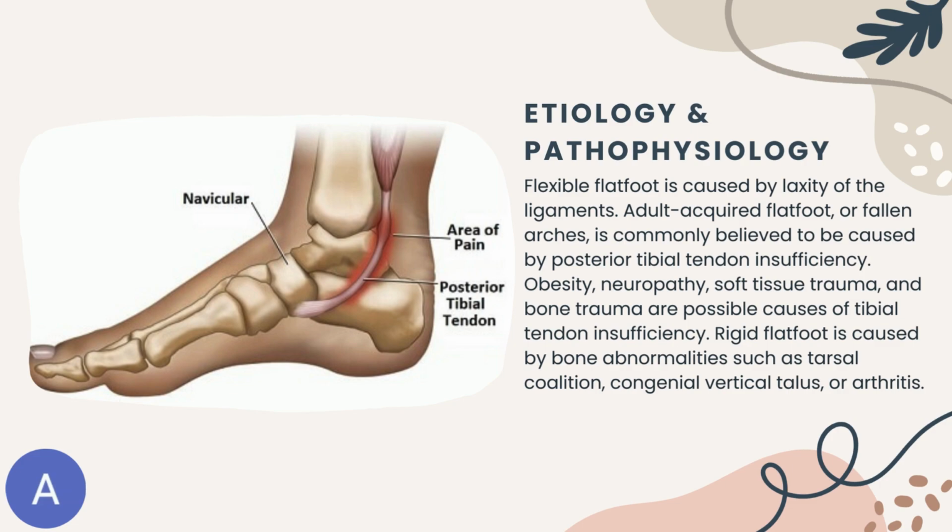The rigid flat foot is caused by bone abnormalities such as tarsal coalitions, congenital vertical talus or arthritis. In the introduction, we talked about tarsal coalition and congenital vertical talus. These two conditions come from babies or childhood and affect the development of their period.